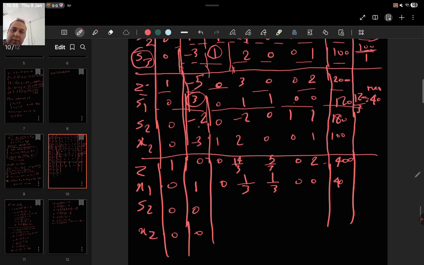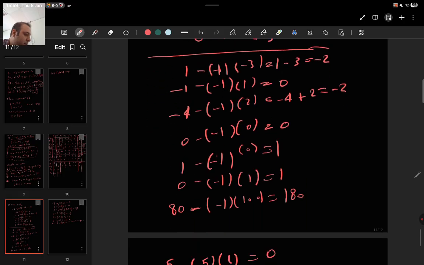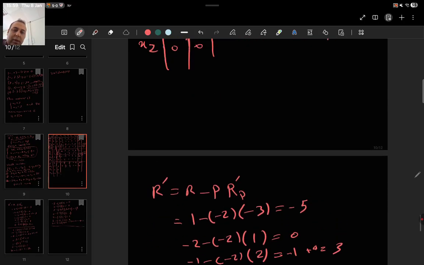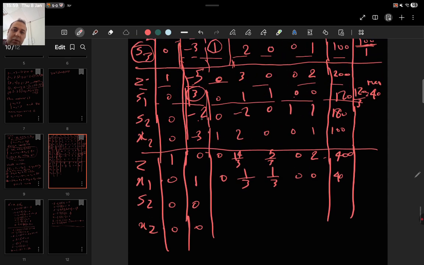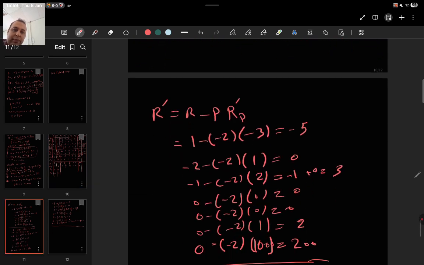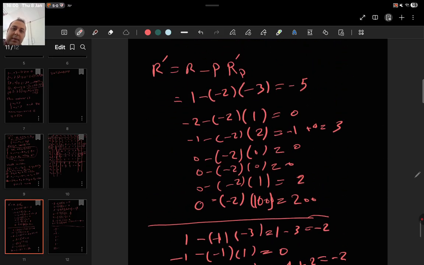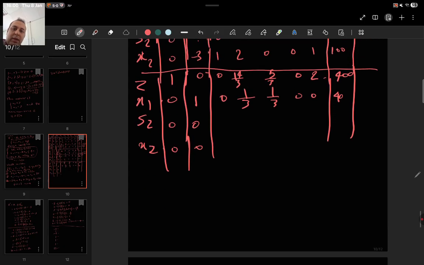Okay, next one, which is this. I write down all the row of these: -2, 0, -2, 1, 1, 1, 8, 0. Minus the pivot value of this column, which is -2.